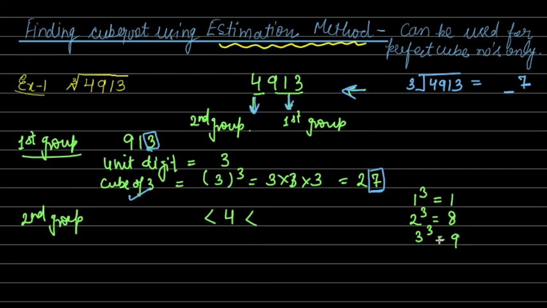So if I see carefully, 4 lies between 1 and 8. It means I can write that 4 lies between the cube of 1 and the cube of 2, right? So what is the smaller number here? Of course, 1 is smaller than 2.